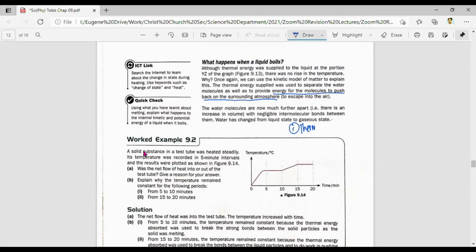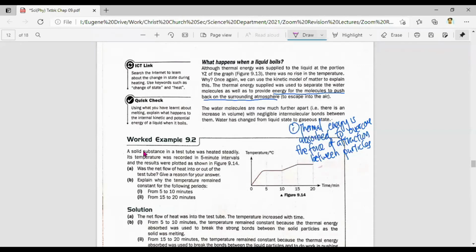So we will say that during boiling, thermal energy is absorbed to overcome the force of attraction between the particles. This is where the little change occurs.